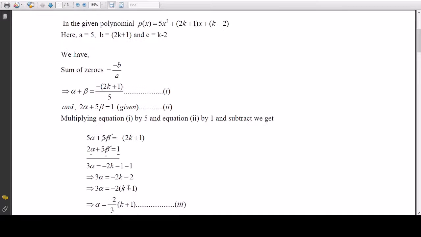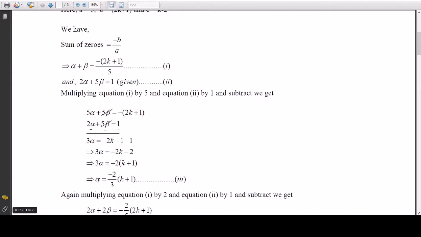Taking 2 common, 3 alpha equals minus 2 times (k plus 1). So alpha will be minus 2 by 3 times (k plus 1). Mark this as equation number 3.